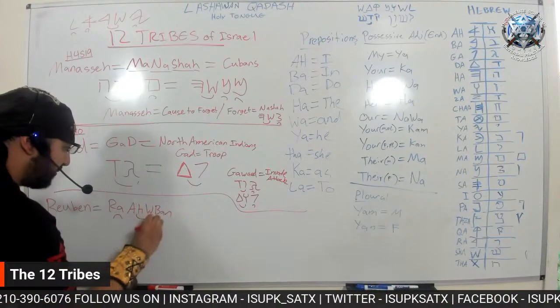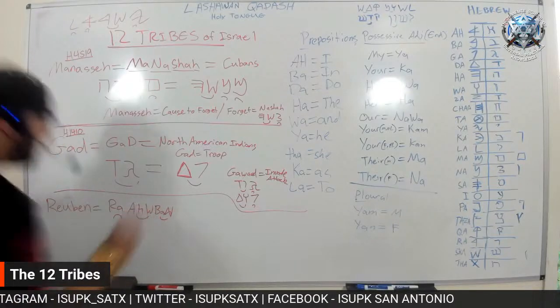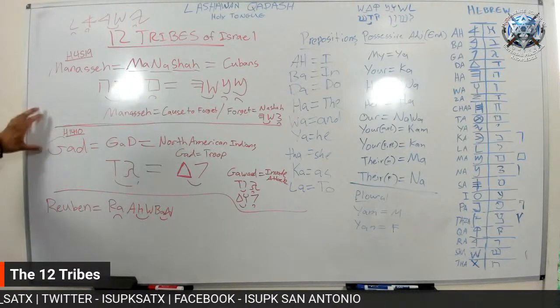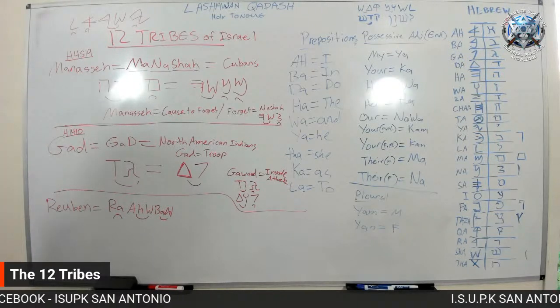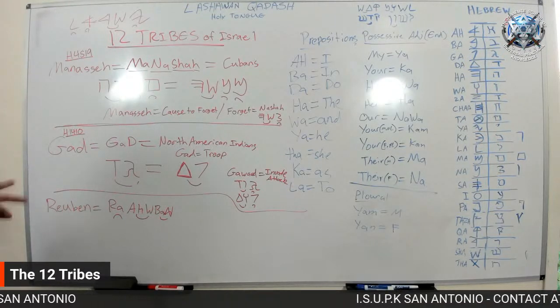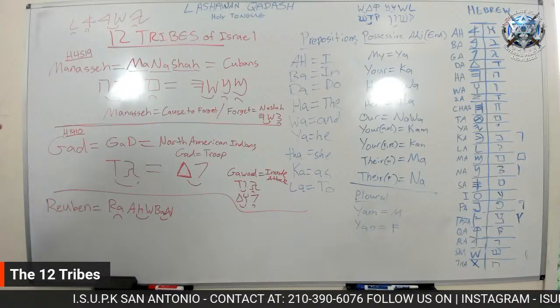Manasseh and Ephraim are sons of Joseph, who was a son of Jacob. Does that make sense? So that tribe actually ended up becoming two tribes.